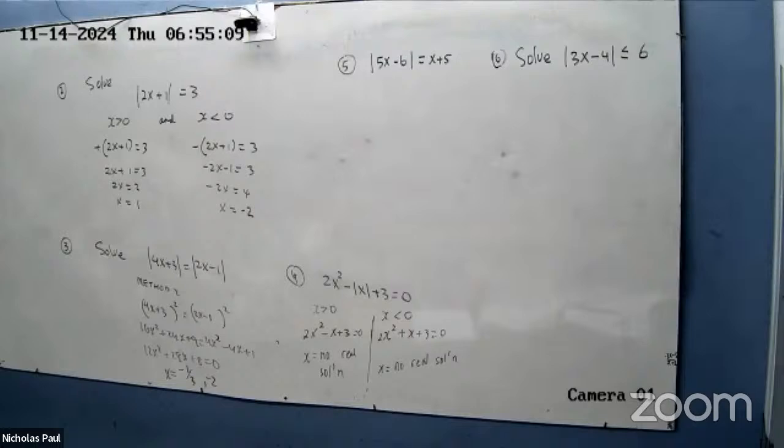Try the inequality and then try number 5. No, do 5 and 6. 5 is easy. But you have to remember something from form 4 in number 6.